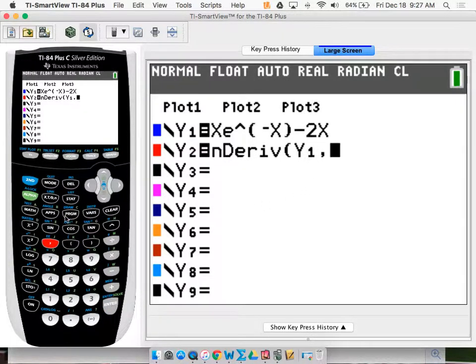So you should have y1 comma x, so you're taking the derivative with respect to x, and when you want to graph the derivative, you have to put x again, close parentheses. So if you have the old operating system, this is what it should look like. And then you're going to hit graph, right?